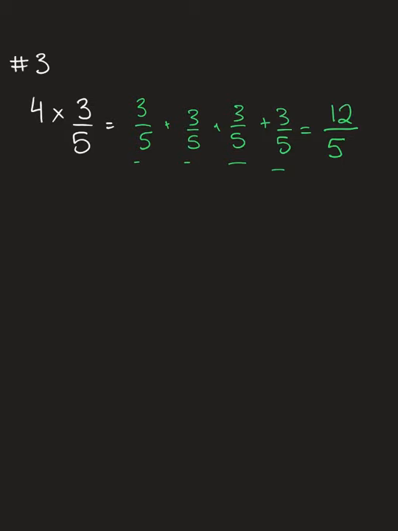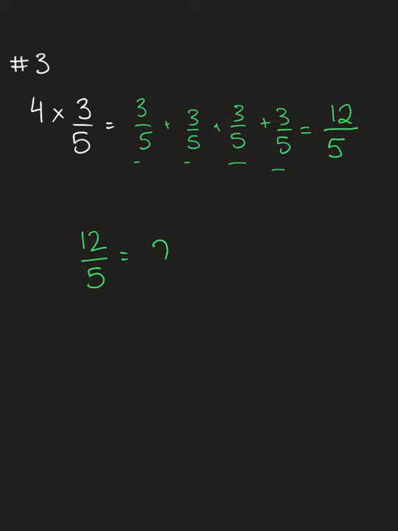12. Now, we are going to regroup to put this into lowest terms. So if we have 12 out of 5, this is an improper fraction, which means the top number is bigger than the bottom number. We want to turn this into a mixed number, which gives us a whole number with a fraction left over. So how many groups of 5 are there in 12? 2.